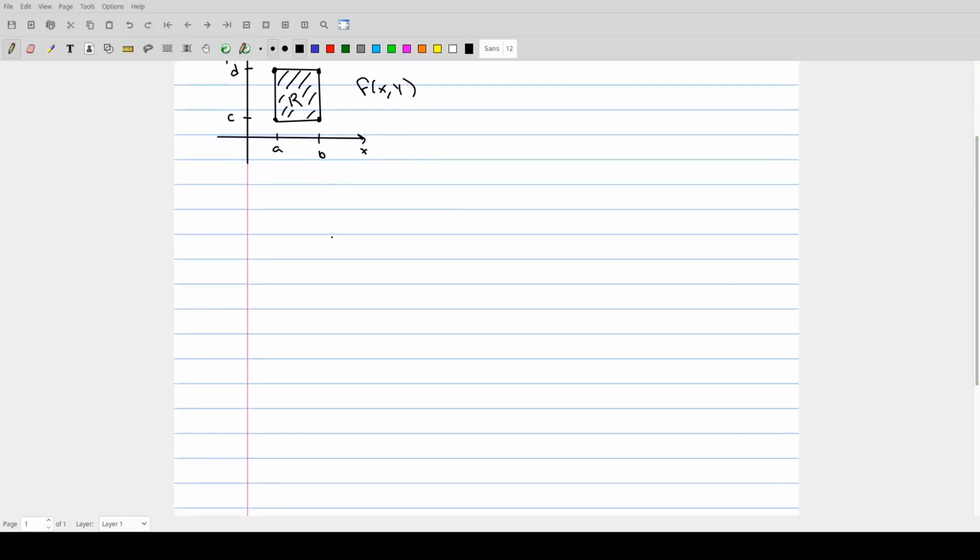So we talked earlier about how for a function of this form over a rectangular domain, the double integral over R of the function f of x, y gives us the accumulation of that function inside the region R, and we can evaluate it by doing what's called the iterated integral, or the two times we integrate.